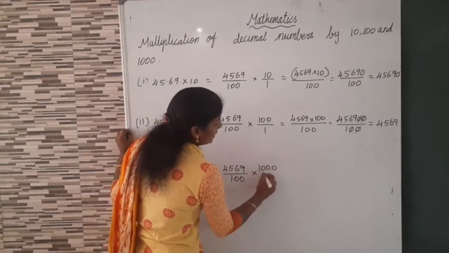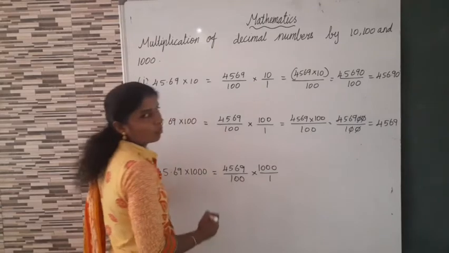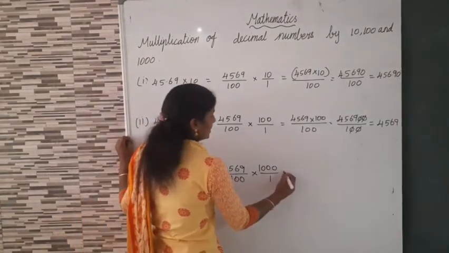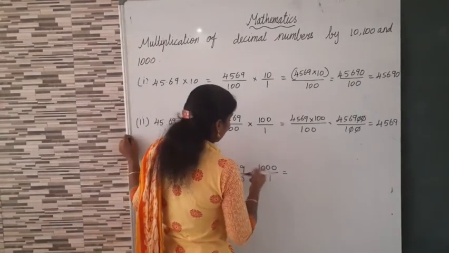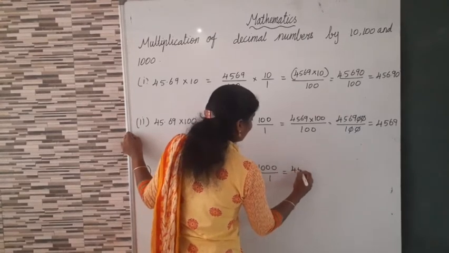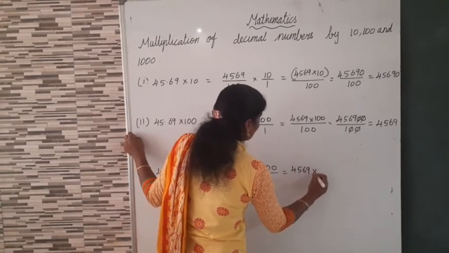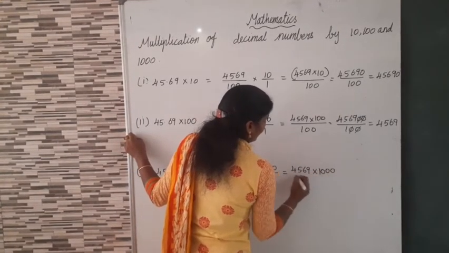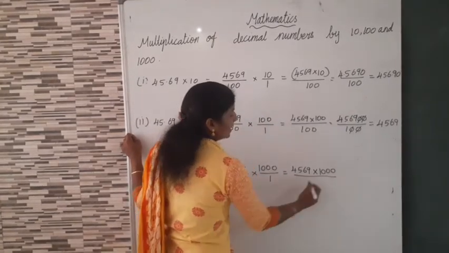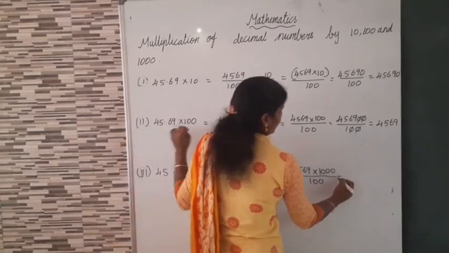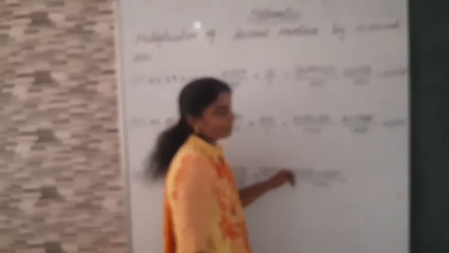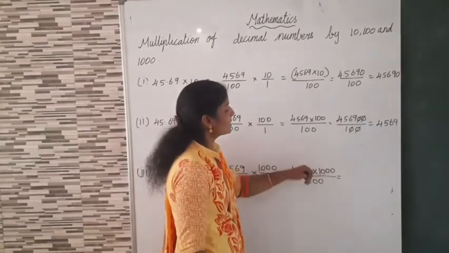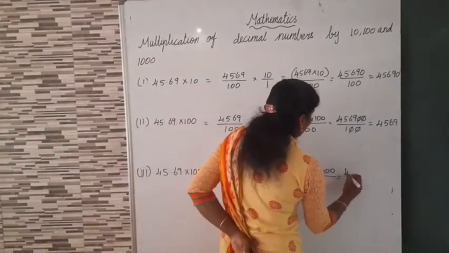What is the denominator? Denominator is 1 equal to, now we can multiply 4569 into 1000 divided by 100 into 1, 100 equal to, now we can multiply by 1000. We can add these 0s here, isn't it?